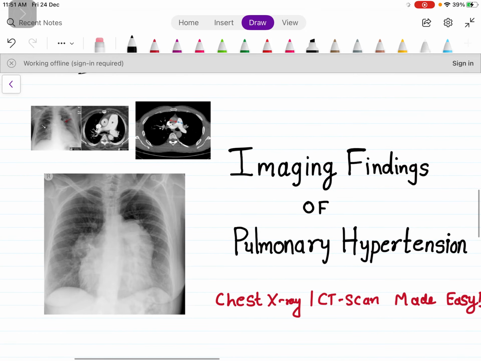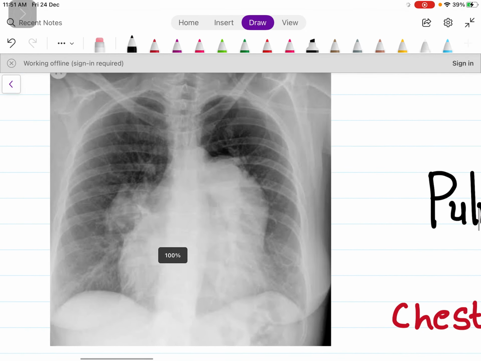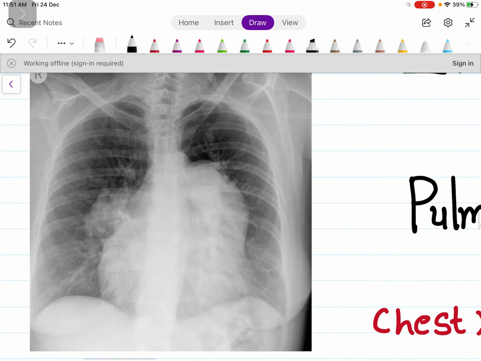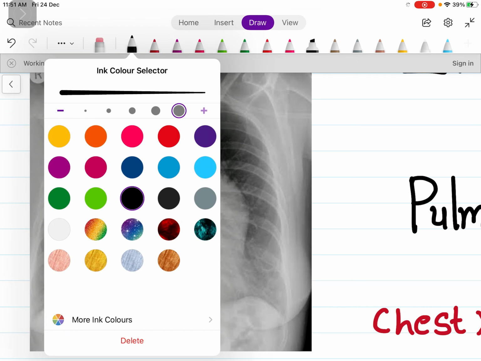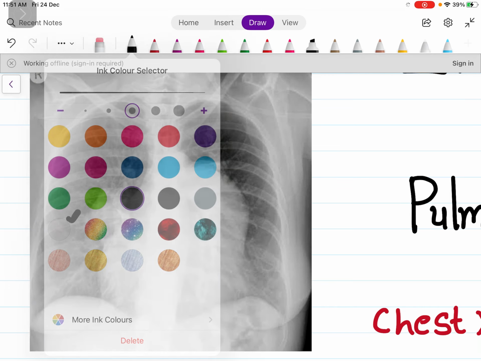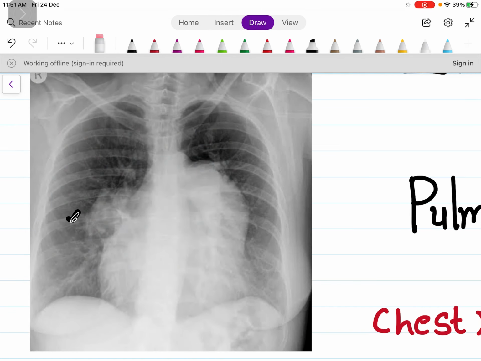So let's correlate these findings in the chest x-ray. This is the chest x-ray. What you can see here is that both the hila are enlarged. This hilum is enlarged, this hilum is also enlarged.